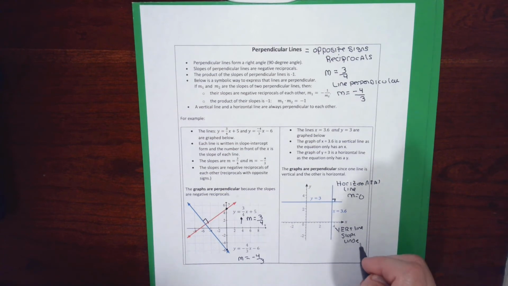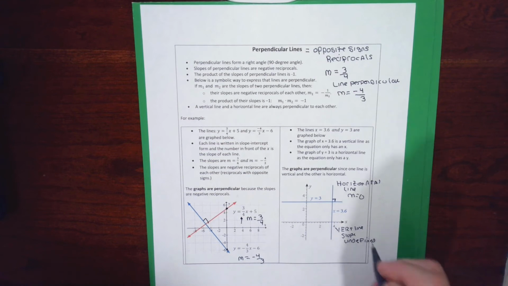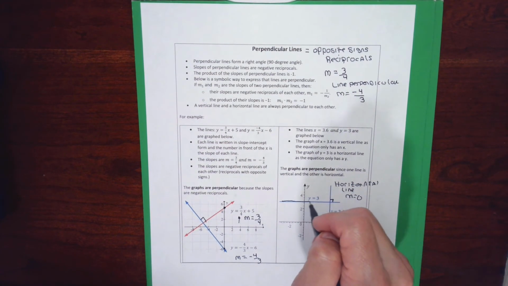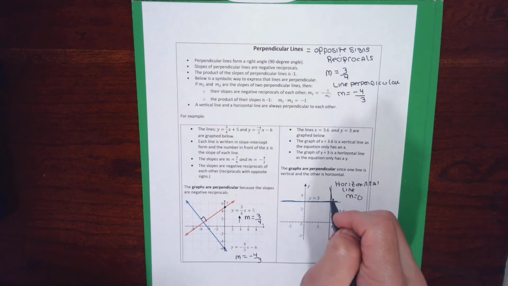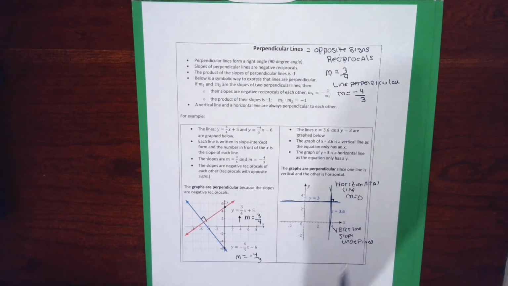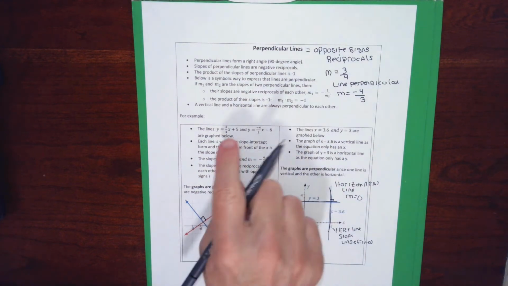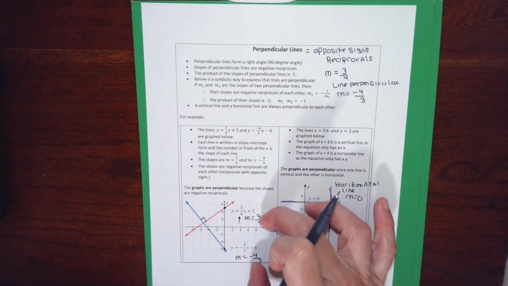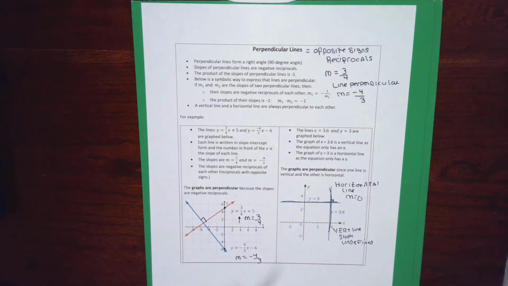And these really aren't reciprocals with opposite signs, but all horizontal and vertical lines meet at right angles. So that's kind of a special situation. But for lines that have both y's and x's, slanted lines, to be perpendicular, you need slopes that are reciprocals with opposite signs. If you're dealing with vertical and horizontal lines, they are perpendicular to each other.